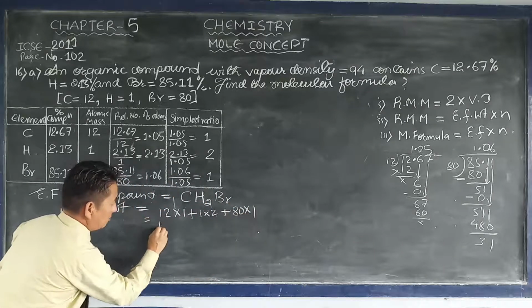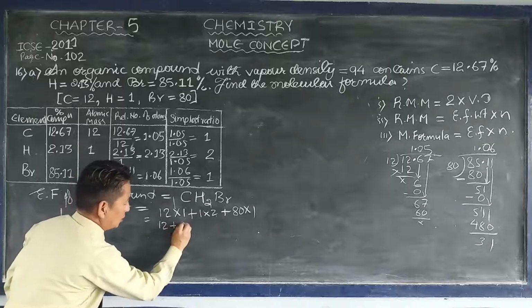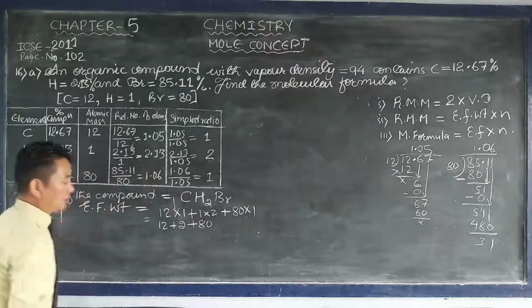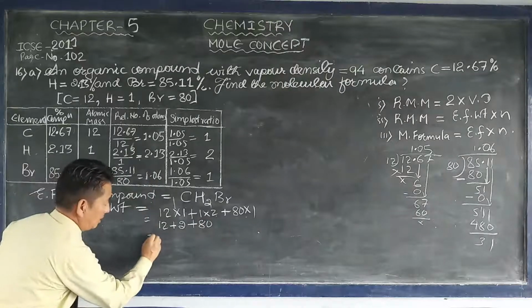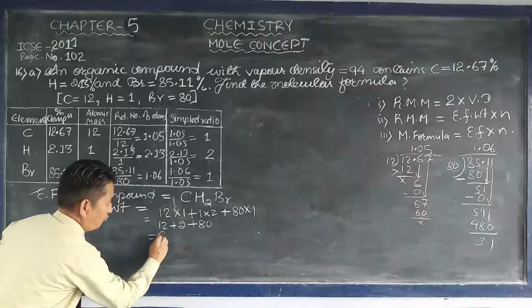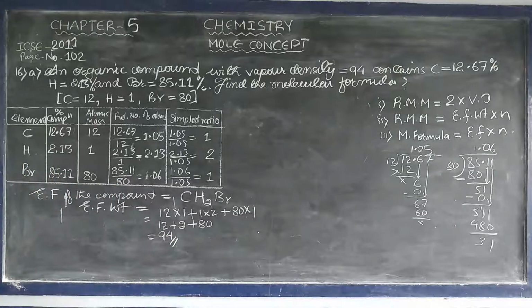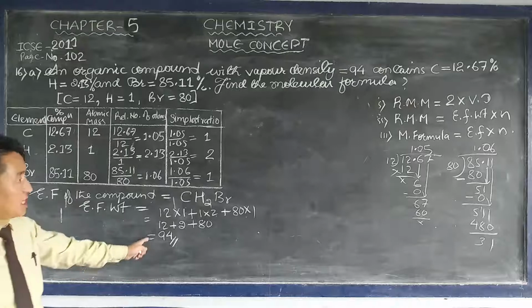So here 12 ones are 12, 2 ones are 2, 80. Then this will be almost 94. Here the empirical formula weight of the compound is 94.